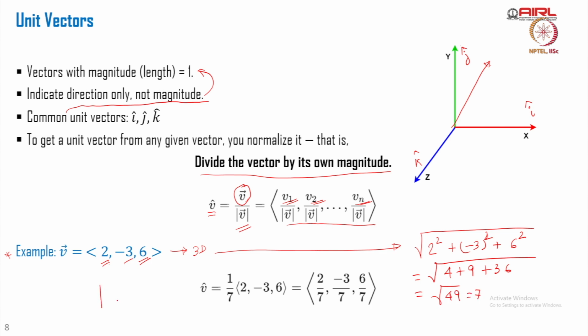So we can tell that the length of this vector v is 7. Now if this particular vector 2, -3, 6 is divided by 7, that means all the components are divided by 7, then it looks like this, and this forms the unit vector v hat.